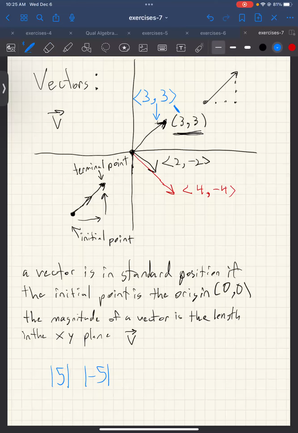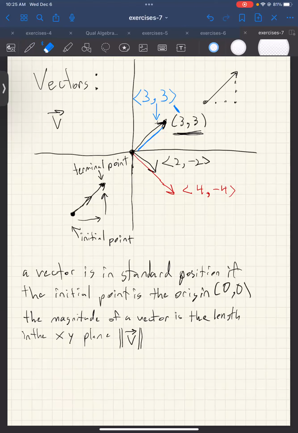For our vectors, this length is its distance from 0. So we draw the magnitude with something that looks like the absolute value, but we put 2 lines here just to make it really clear that we're talking about the magnitude of a vector, not the absolute value of a number. But you should think of it kind of like the absolute value for a vector. It is still the distance from 0.